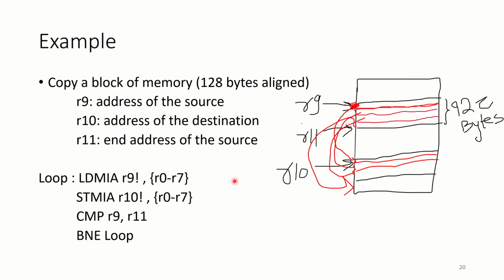We can also use single register load or store. There are 128 locations. We can load and store one register and copy here, but we have to use a loop. The loop will run 128 times. But here we are loading multiple registers, 8 registers.